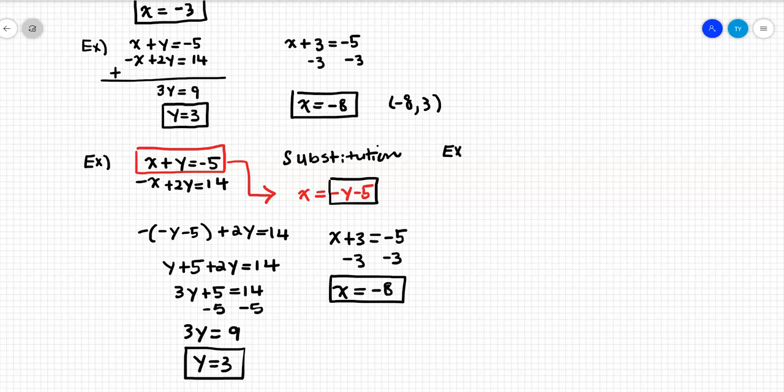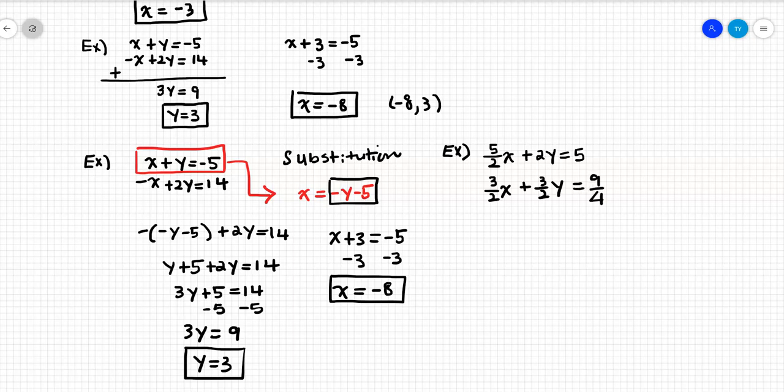Okay, so let's try 5 over 2x plus 2y equals 5, and 3/2x plus 3/2y equals 9/4.